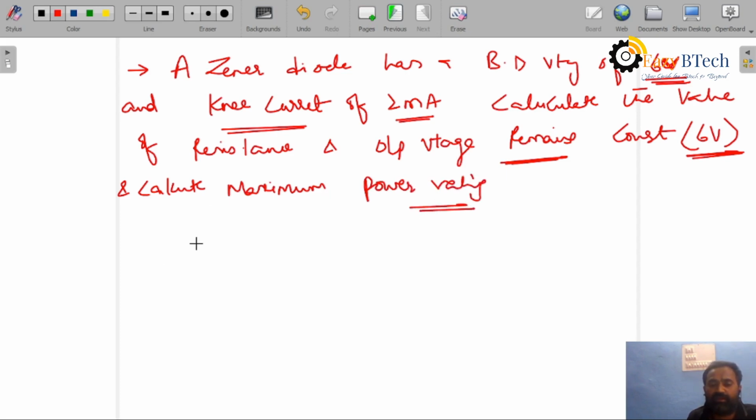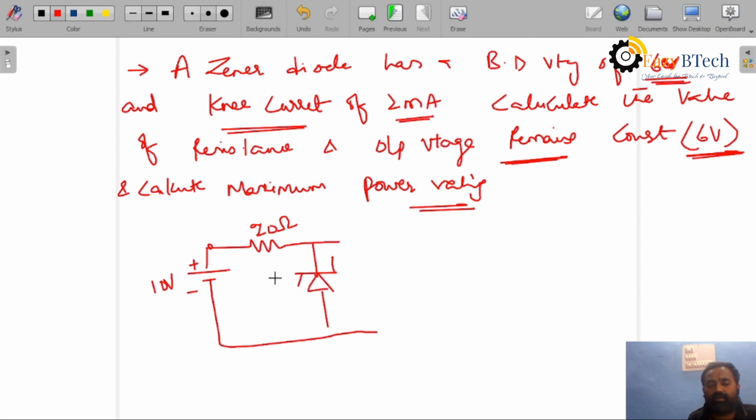Okay, now we will see the given circuit. The source is 10 volts, the series resistance is 20 ohm, and the voltage across the diode is 6 volts.